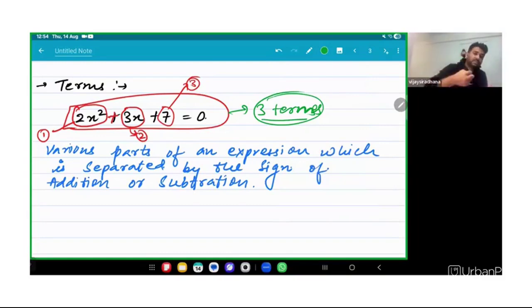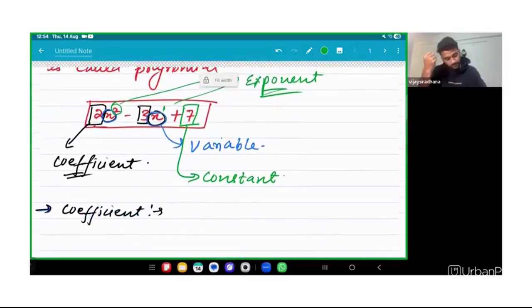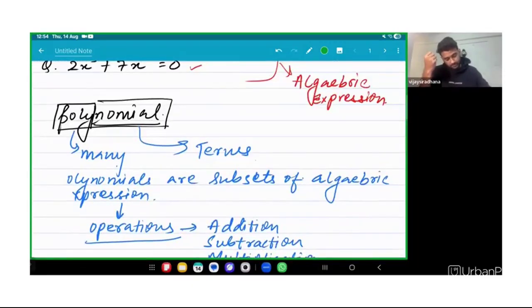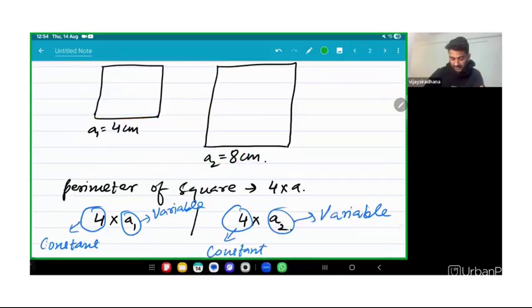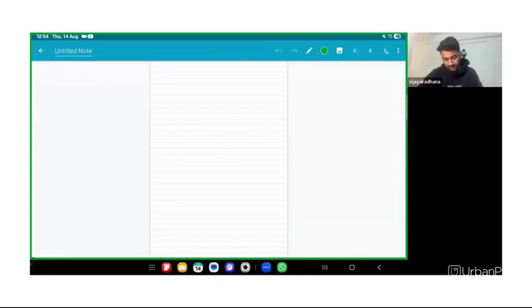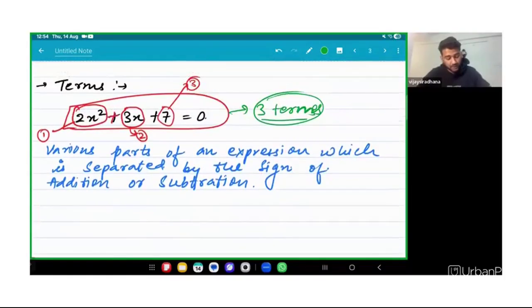Now, if you got these 3 things, that is terms, then you have the variable, and then you have the constant. The final one is something which is coefficient. Now, students, coefficient is the number which is in the front of the variable.